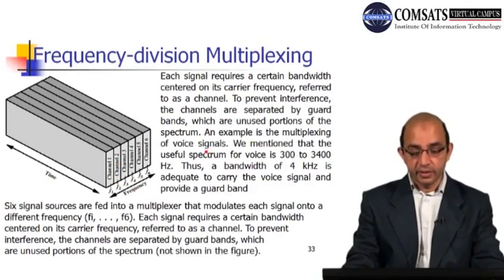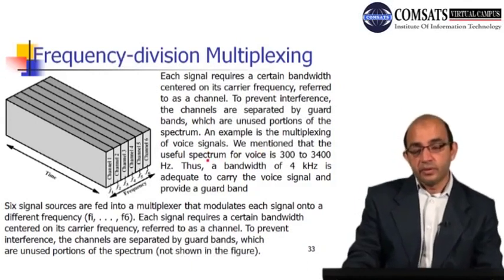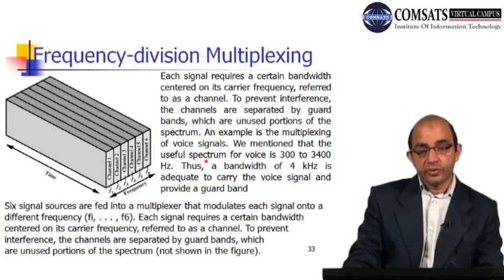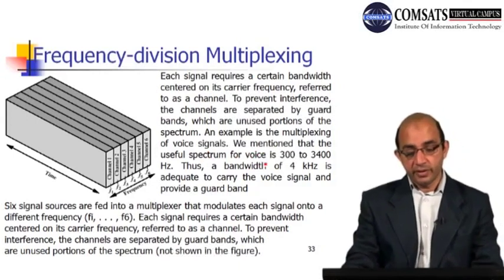As an example, if we talk about voice communication, the voice spectrum is from 300 to 3400 Hertz. So we need a bandwidth of 4 kilohertz in order to carry the voice signal.